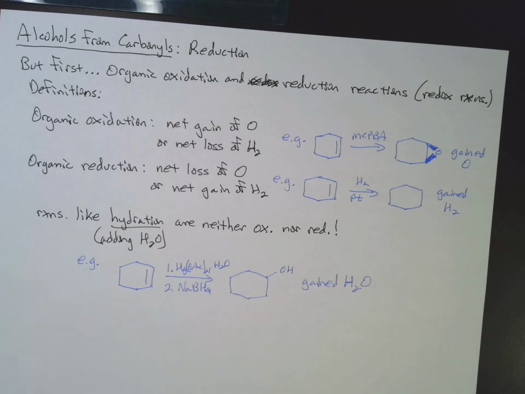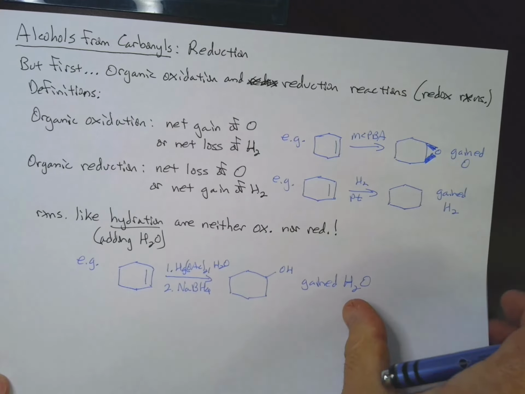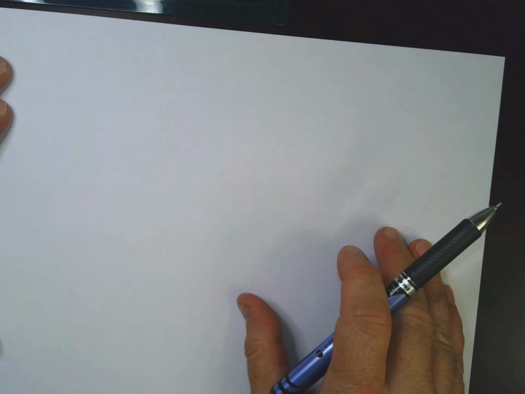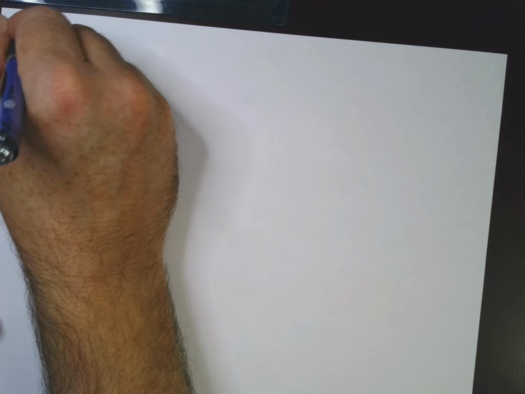And on the exam, you will have to identify reactions as oxidation or reduction or neither and provide a brief explanation. And you can just use these definitions as your explanation. So let's look at reducing some carbonyls.